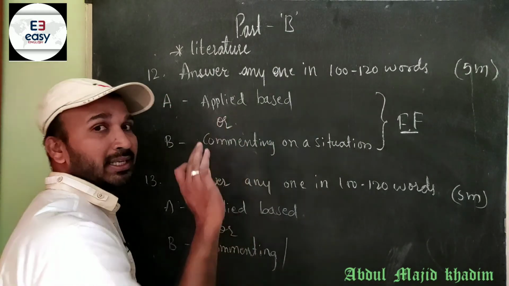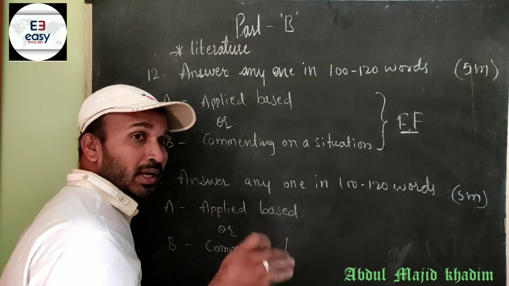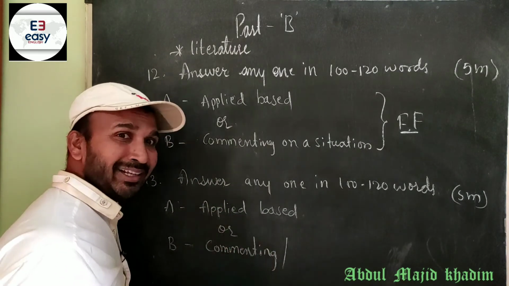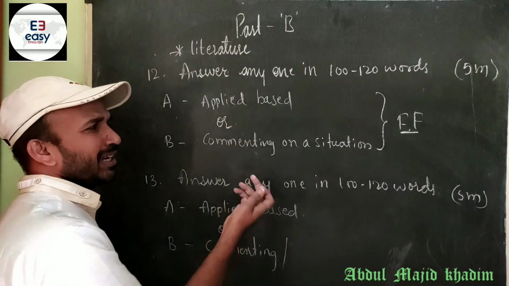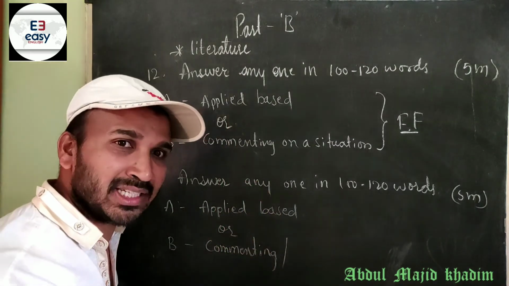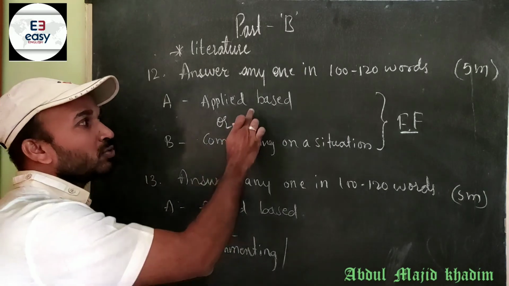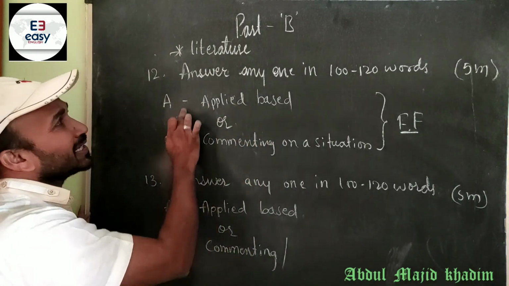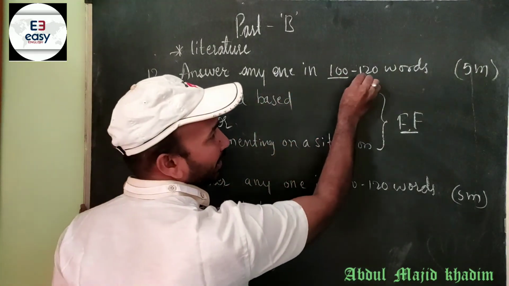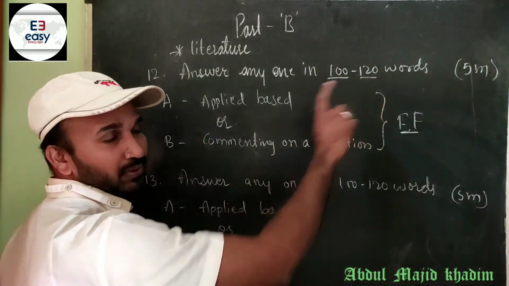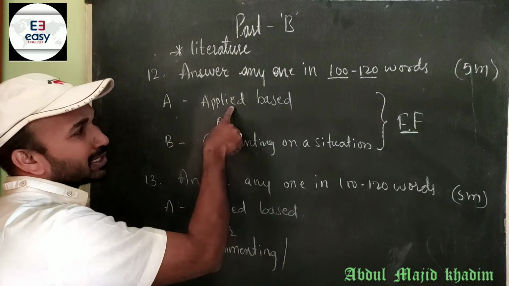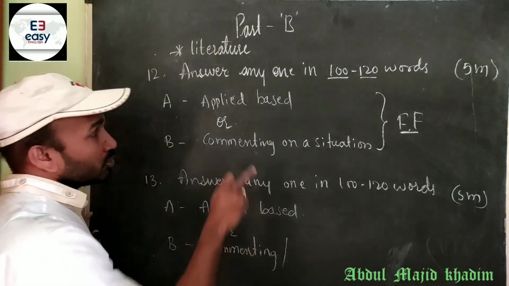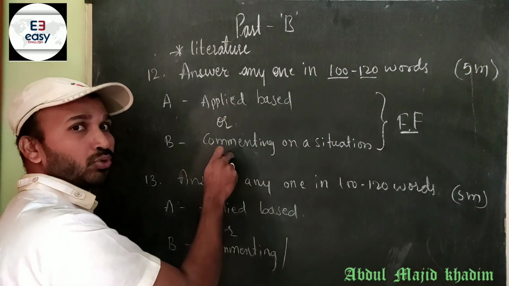He will give any situation and ask you on the basis of the theme, or applied questions, commenting on a situation from that lesson itself. Any one you have to select from these, and the word limit is given as 100 to 120 words, that is for 5 marks. If you can write both, may I write both? No, you can't write. So you must select any one from these two options.